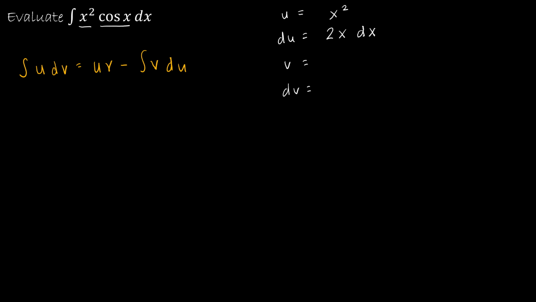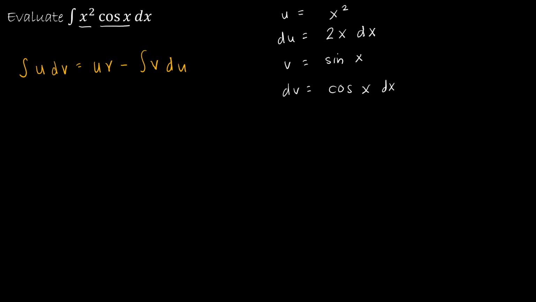So now that leaves cosine of x for dv. So now to find v, obviously I need to integrate the cosine of x to find sine of x.